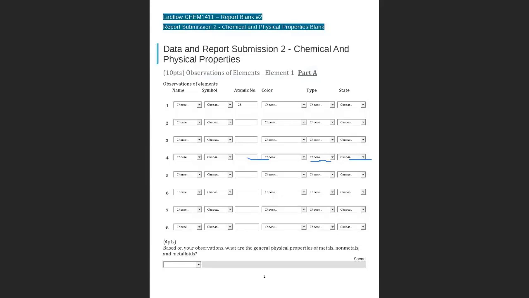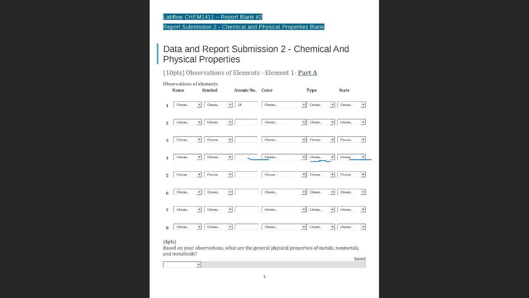Well, the density and the melting point are high. And all the metals are solids except for mercury. Mercury, you know, we use it in our thermometers, it's liquid, but all the other metals are solid. So you're going to look for information about metals.